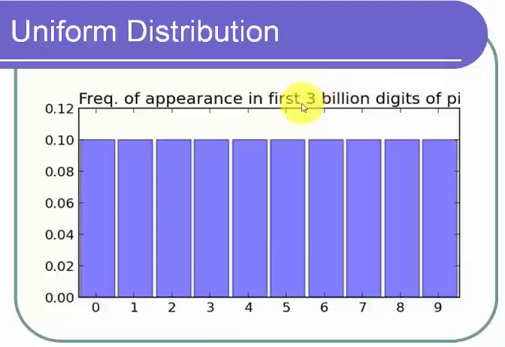If you looked at the first 3 billion digits of the number pi, and you do a histogram of those digits, it's going to look very uniform. The number of zeros and ones and twos all the way up to nines are all about the same frequency. So this, by the way, is a relative frequency histogram because I'm looking at the relative frequency. About 10% for each of the digits occurs for the number pi.